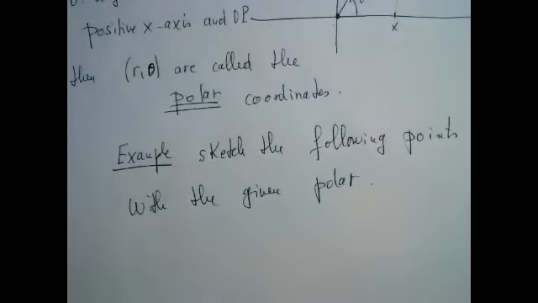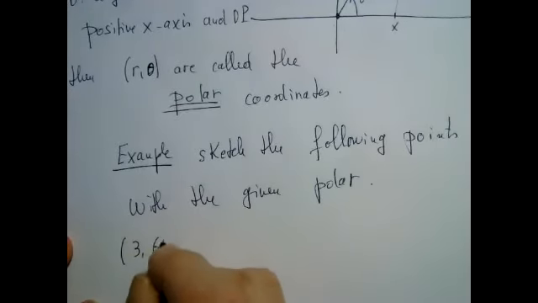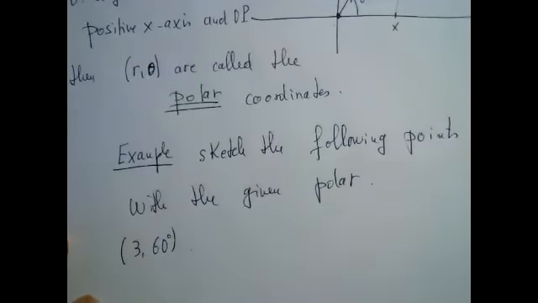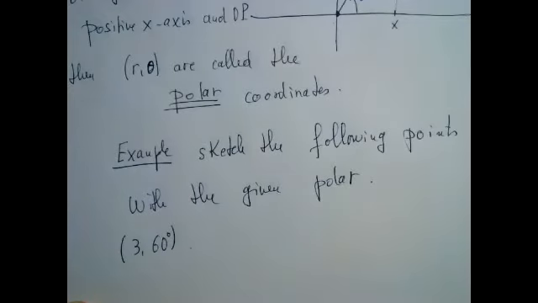So let us see 3 and 60 degrees. These are polar coordinates, and I'm going to sketch them. All right, 3 tells me how far the point is from the origin, the distance, and 60 is the angle that it forms with the positive x-axis.